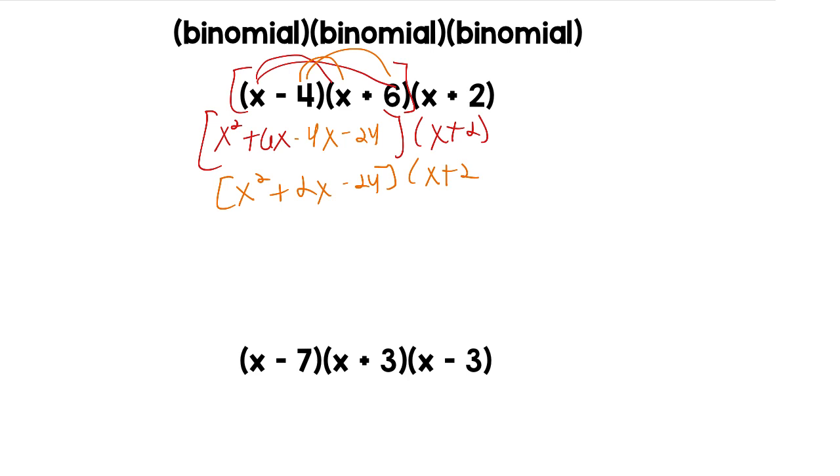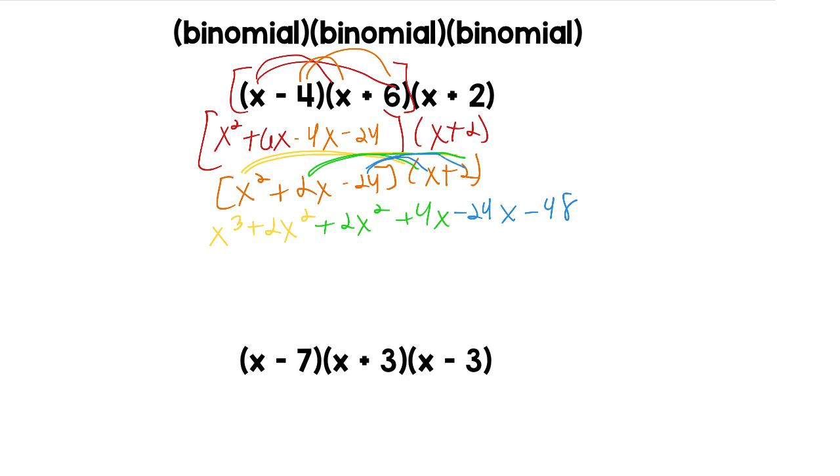Now we can multiply in the brackets times the parentheses. X squared times x is x to the third. X squared times 2 is plus 2x squared. 2x times x is plus 2x squared. And then plus 4x. Negative 24 times x is minus 24x, minus 48.